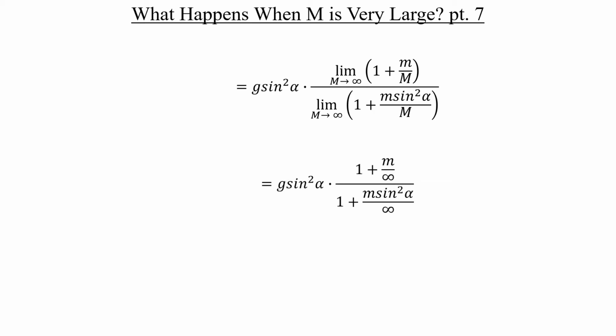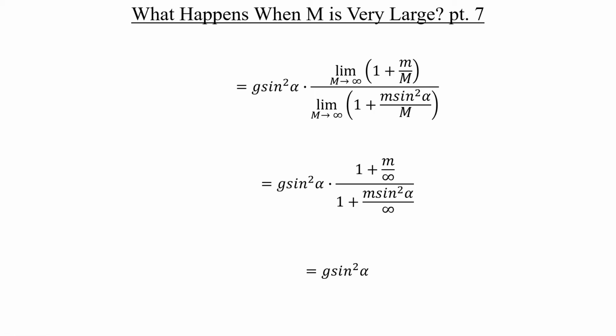And now we can sweep away the garbage that will just reduce to 0. In the end, we'll just be getting g sine squared alpha multiplied by 1 over 1, which is just 1. And we can omit the 1 and report the g sine squared alpha term. Let's do another sanity check just to be sure.